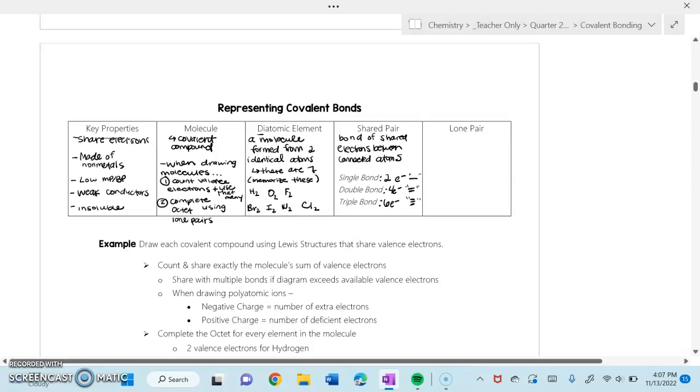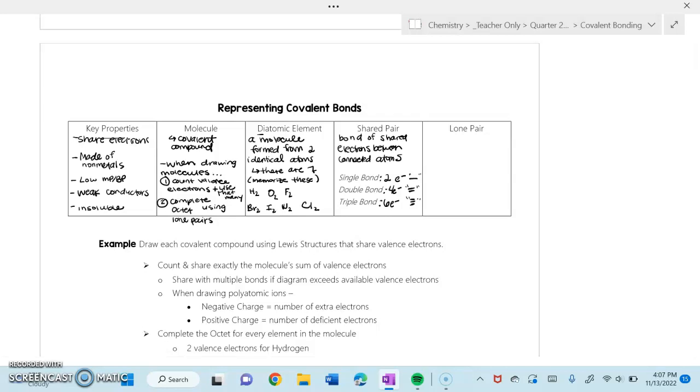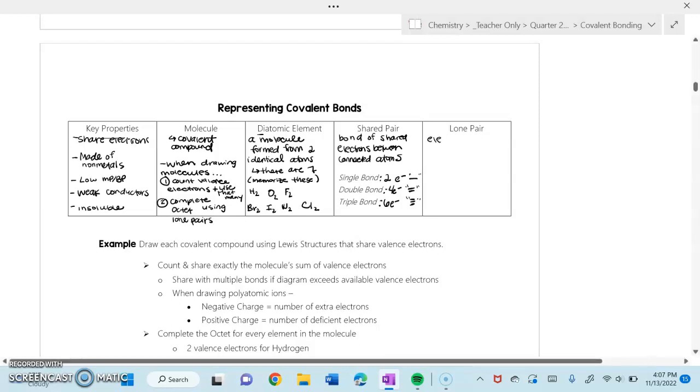The other way that you can express electrons in a Lewis structure for covalent compounds is through a lone pair. And a lone pair is made of electron dots that represent unbonded electrons. And they're written in pairs, so if you see 2 dots together, that's a lone pair.